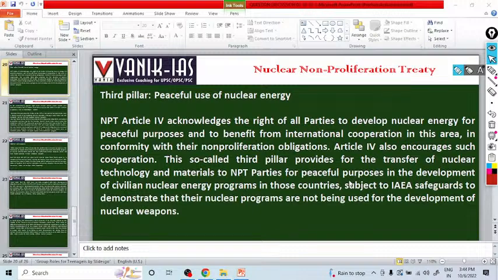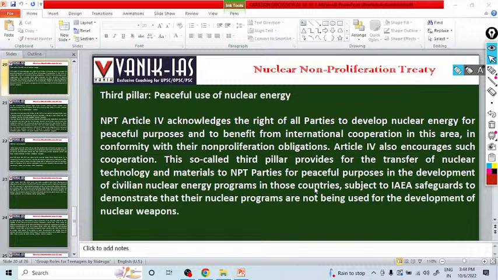This so-called third pillar provides for the transfer of nuclear technology and materials to NPT parties for peaceful purposes in the development of civilian nuclear energy programs in these countries, subject to IAEA safeguards to demonstrate that their nuclear programs are not being used for the development of nuclear weapons. So this is the third pillar, for peaceful use of nuclear energy.